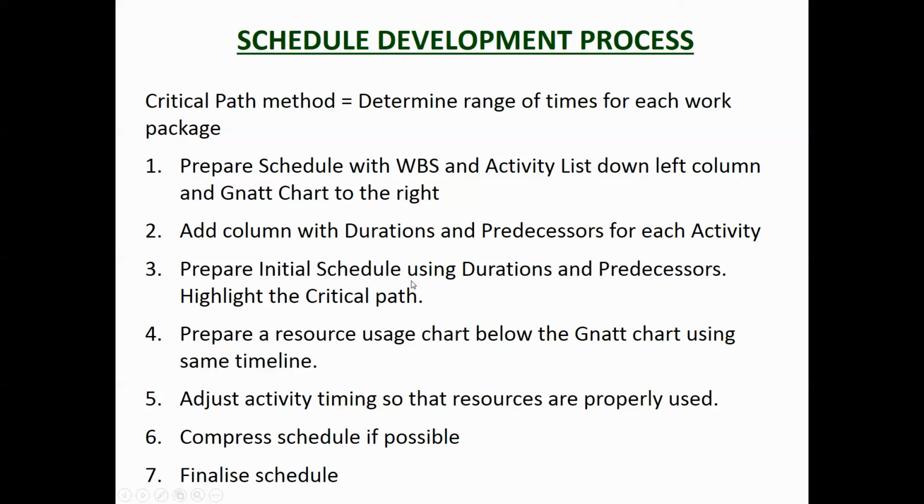Prepare an initial schedule using the durations and the predecessors and the scheduling that you've derived. Prepare a schedule usage, so see how you're using your resources, and adjust the timing so that the resources are properly used. So you don't want an excavator being used for a couple of days then sitting doing nothing for a week or two. You want to structure the work so that the excavator is being used continuously. Compress the schedule if possible.